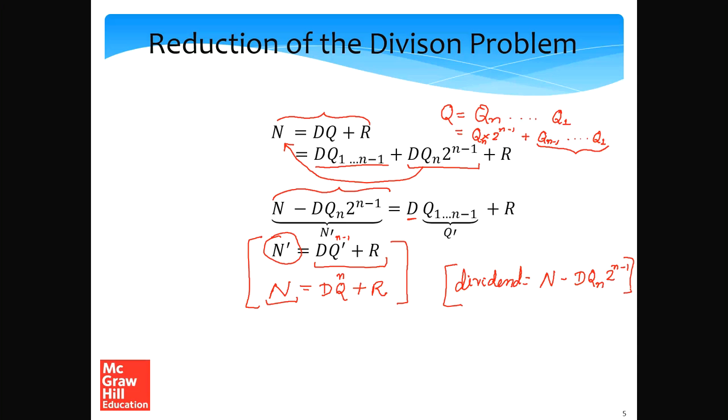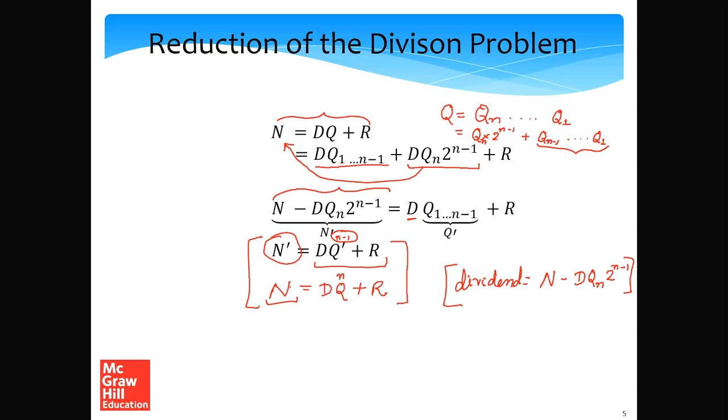So if we can somehow figure out the nth bit, the most significant bit of the quotient, then we can compute a new dividend, which is n dash, and solve a smaller division problem where the quotient has n minus 1 bits.